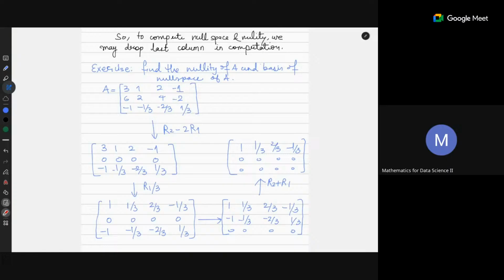What is the nullity then? 3. What is the rank? 1. So rank plus nullity is equal to 4, that is the number of columns. Rank nullity theorem satisfied.